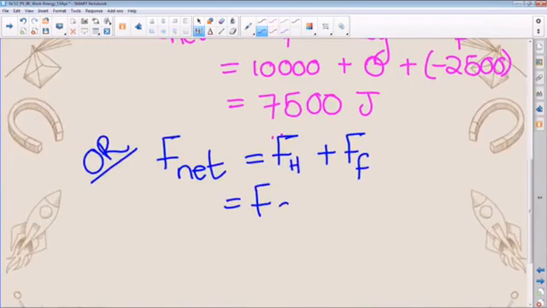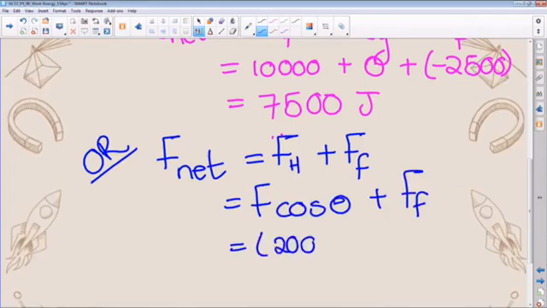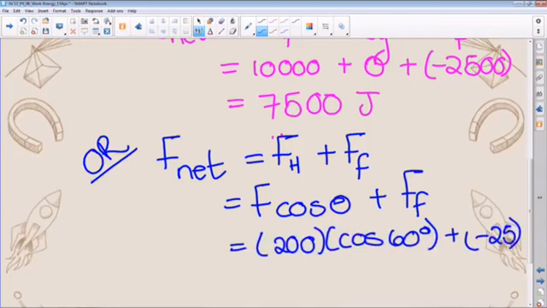F cos theta plus my friction. So that means this is 200 times cos theta. I'm by default making the direction to the right positive, so friction is always going to be negative. It's minus 25. So watch, that gives me a net force of 75 newtons.